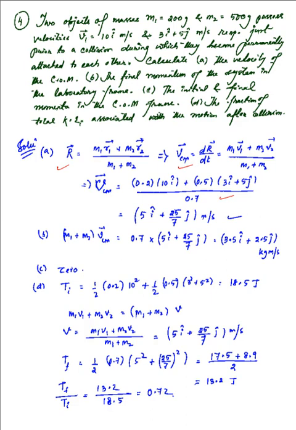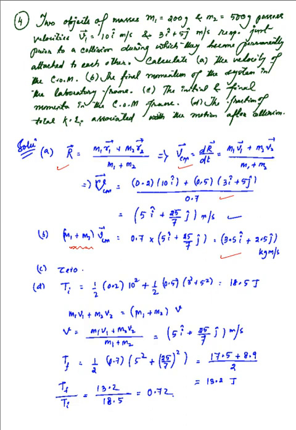The masses have got stuck together, so the total mass is this, and the velocity is that of the center of mass we calculated, which results in 3.5 i hat plus 2.5 j hat kilogram meters per second.